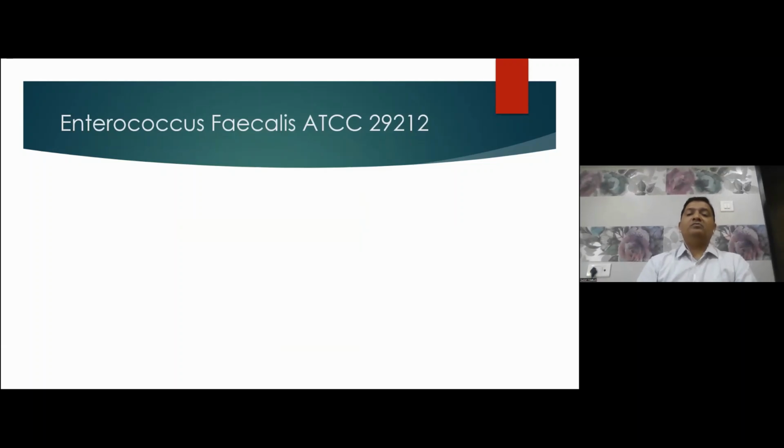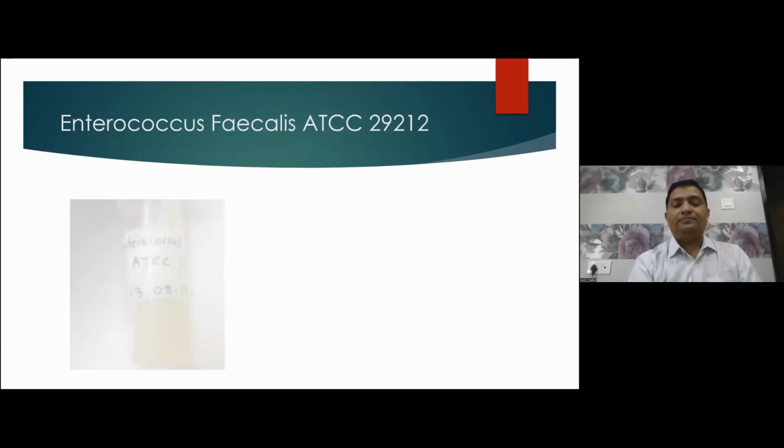Enterococcus faecalis microorganism was used in this research protocol.